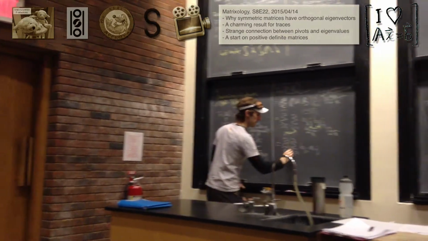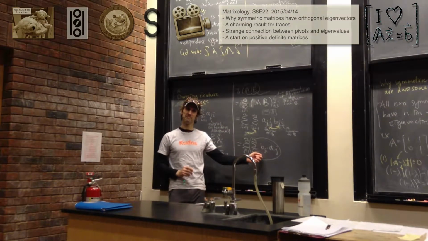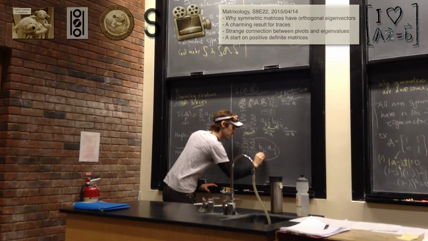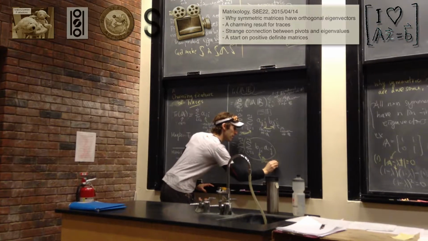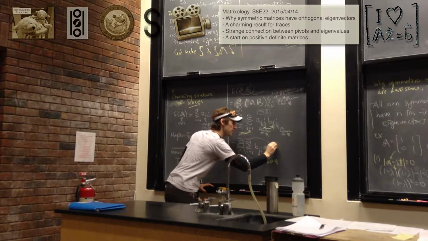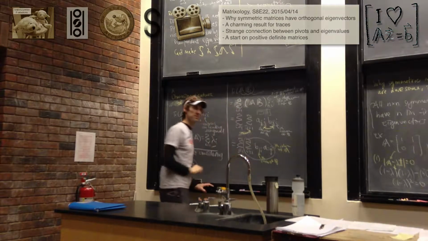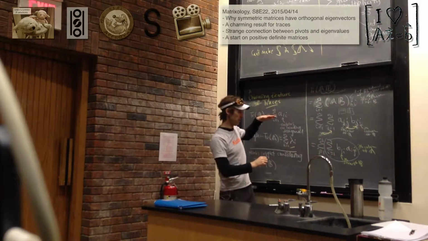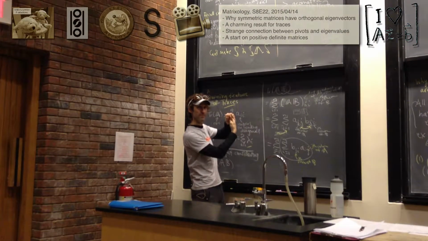So now, what is this? This is the jth row of B, and it's a little puzzle this one, and this is the jth column of A, and you're taking the dot product of those two things.